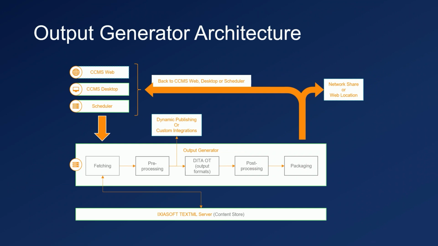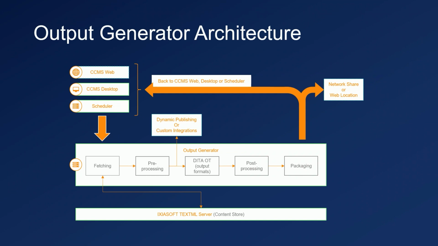Part of it is what we call our output generator. It's the one that is essentially our build infrastructure. It gathers in a bunch of requests from different input environments, like the web, the desktop, and our scheduler. It gathers a whole bunch of information on disk, and then it launches the output generator builds.